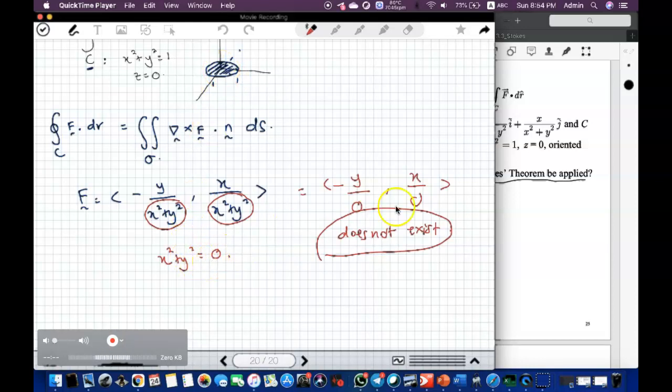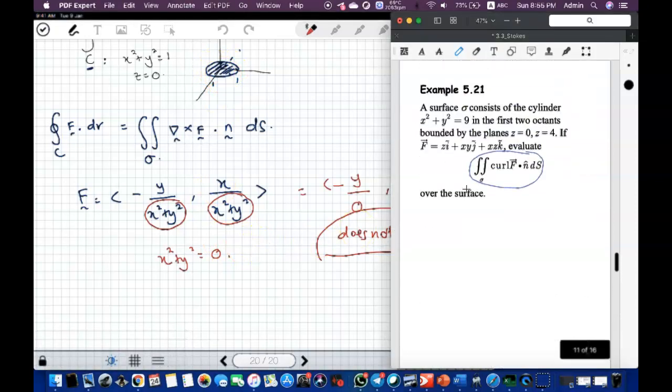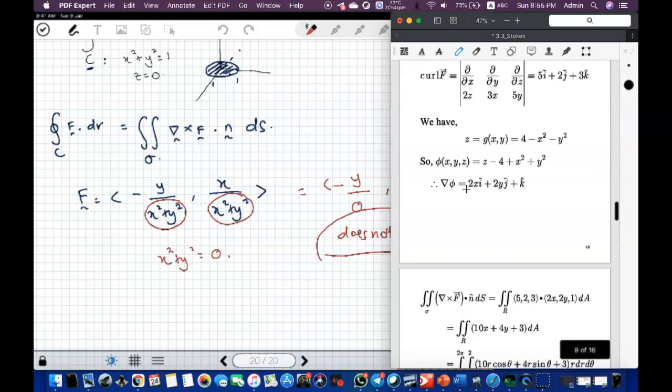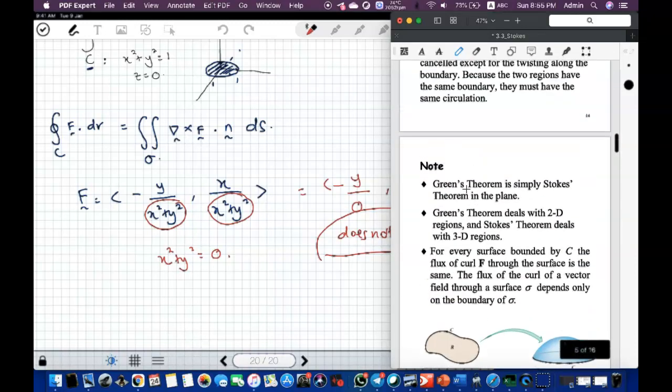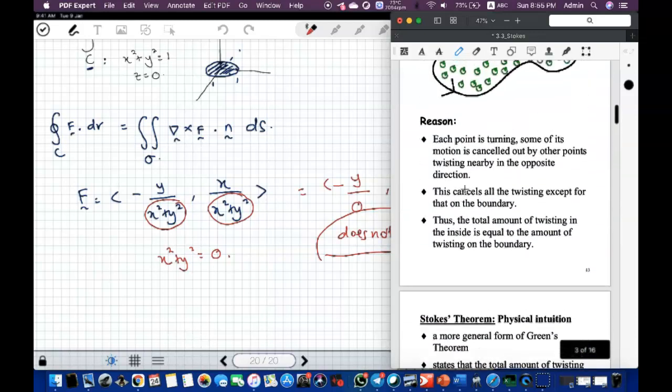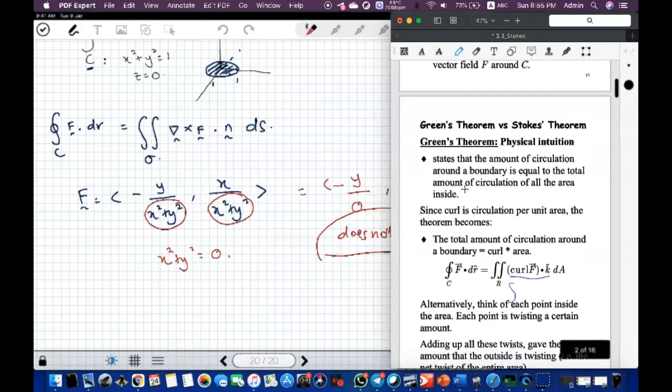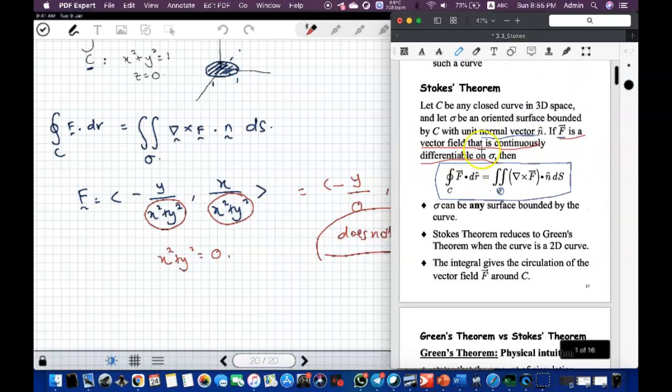So meaning that the vector function here can be defined at any x and y on the surface. So the condition for the Stokes theorem is not fulfilled. You cannot use the Stokes theorem because this condition is not met by the vector function given.